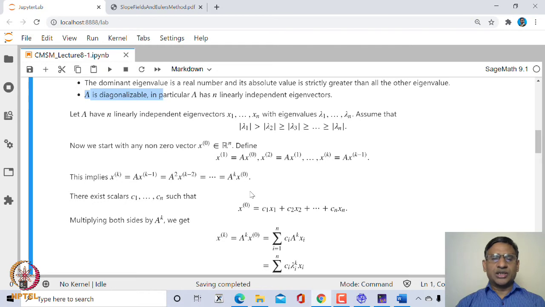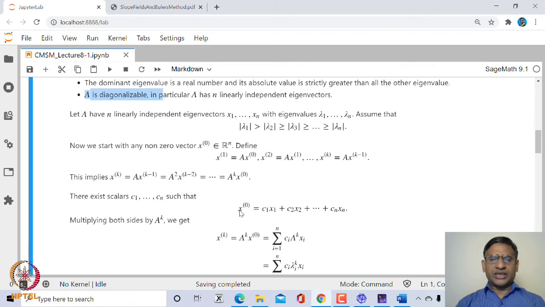Now since A has n linearly independent eigenvectors v1, v2, ..., vn, which form a basis, corresponding to eigenvalues lambda 1 to lambda n, the vector x0 can be written as a linear combination of v1 to vn. So let us write x0 as c1 times v1 plus c2 times v2 plus ... cn times vn. Now apply A to the power k on both sides.